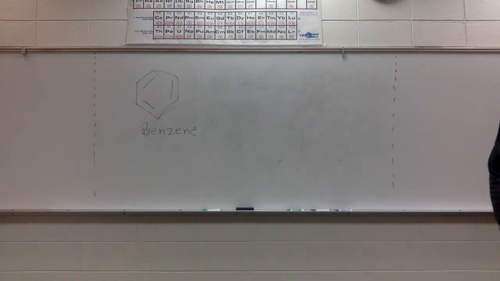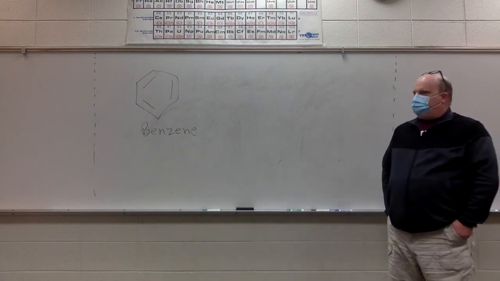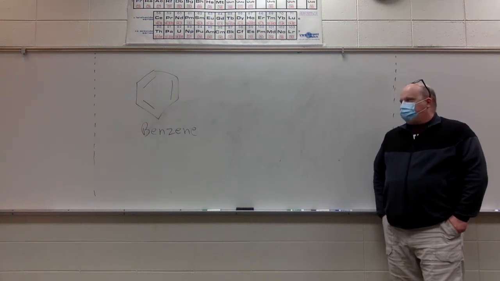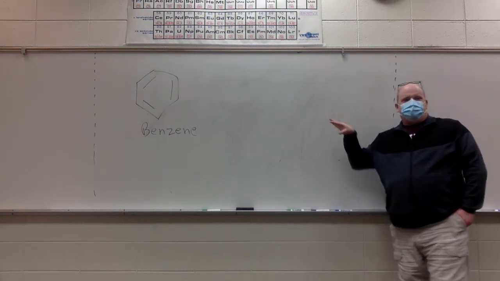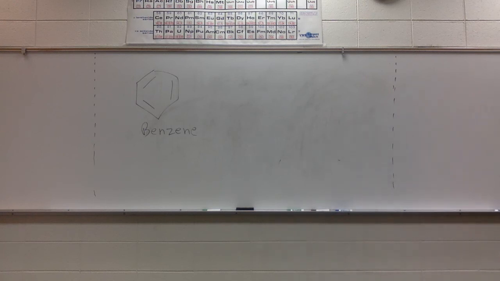Looks like we should be able to call this 1,3,5-cyclohexatriene, right? Well, the reason we don't do that is because even though this looks like it has alkene groups in it, it doesn't behave like an alkene or a diene or triene or whatever.